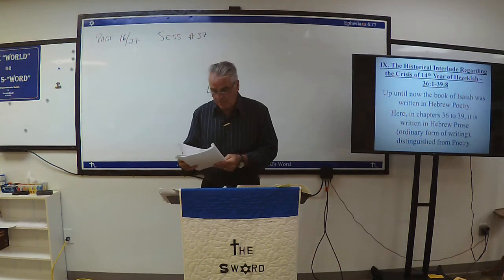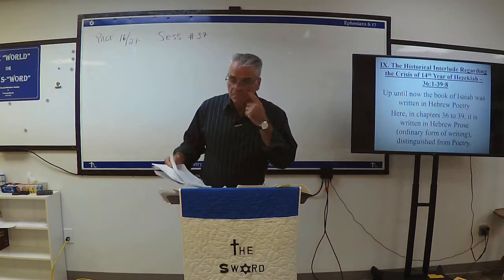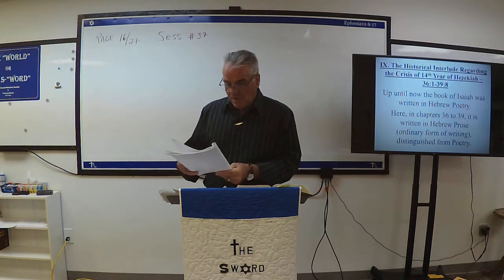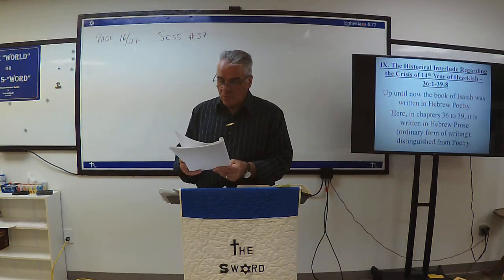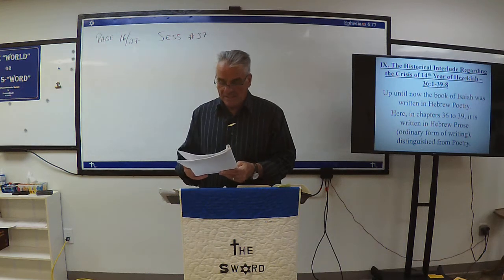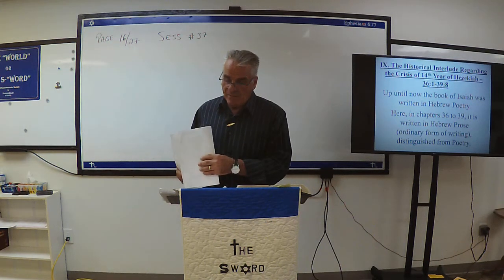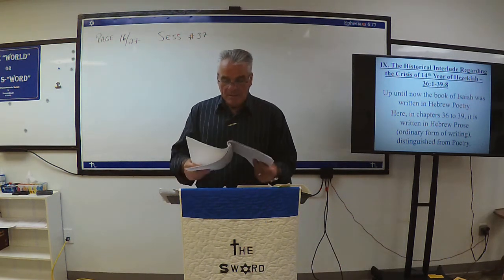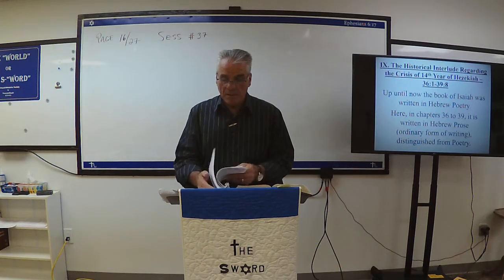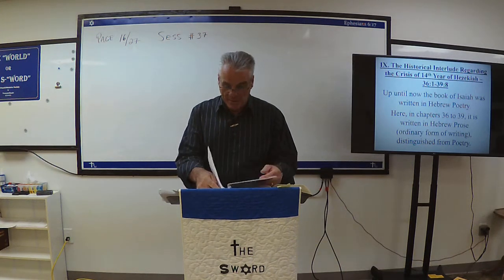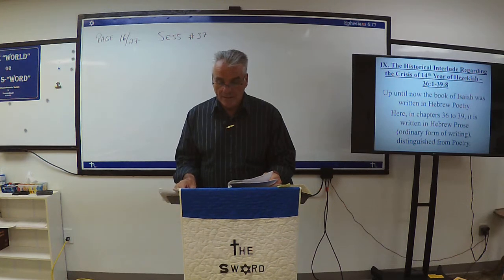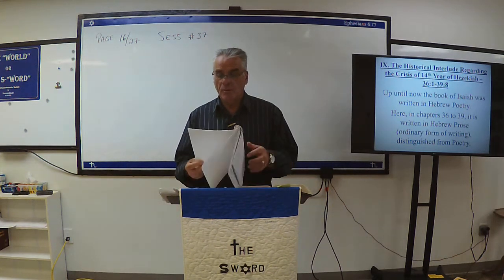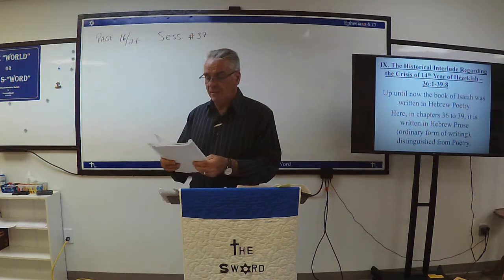Page 13 of your outlines. You have the woes, the book of woes, and the crisis of the 14 years of Hezekiah. We have looked at that already. So basically what we're going to be doing right now, Roman numeral 9, the historical interlude regarding the crisis of 14 years of Hezekiah.